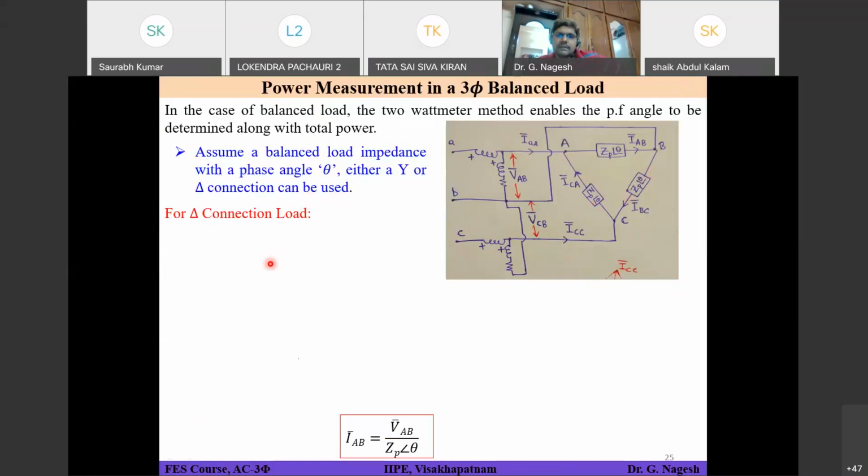What will be the formula for that? Let's see that. You can see here there are 2 wattmeters. One is connected in phase A, another one is connected in phase B and phase C, and B is the common terminal. So can you write the expression for the reading of wattmeter W1?